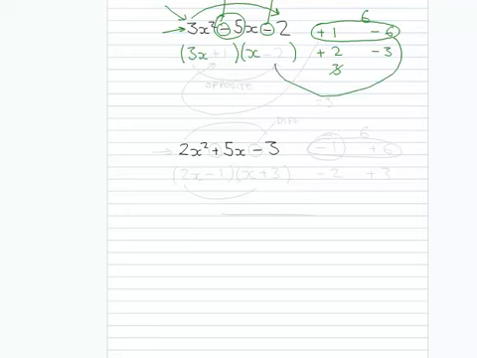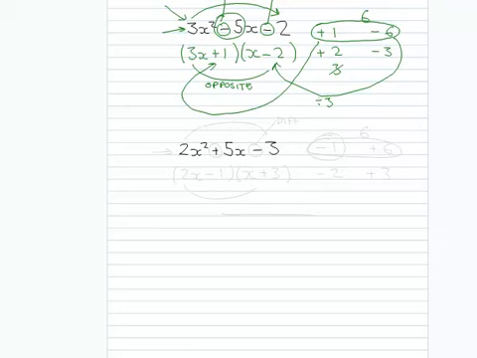So we take the minus 6, we divide it by 3, giving us minus 2, and we place it opposite the 3x. The other factor we place in the spare slot in the other bracket.